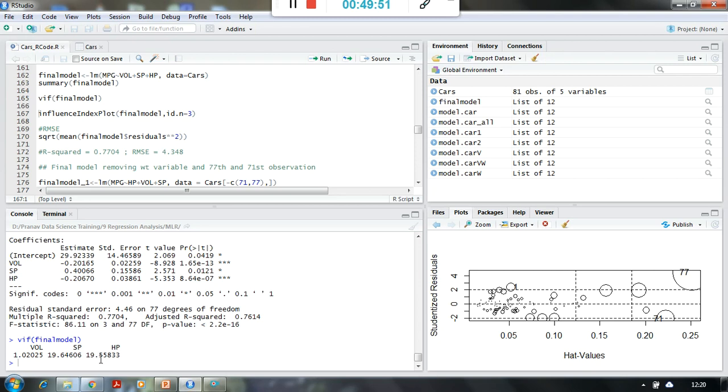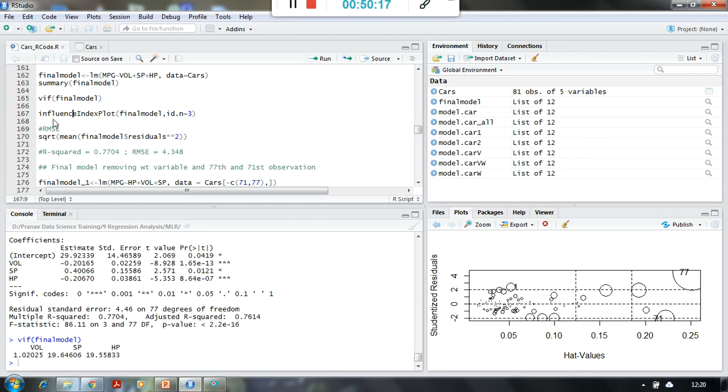There is a slight reduction in these two, but a significant reduction in this one. My target was that the VIF values of the variables I use as input should be less than 10, right? So the VIF values have changed once I delete the weight column.